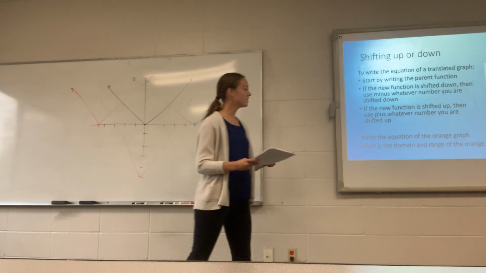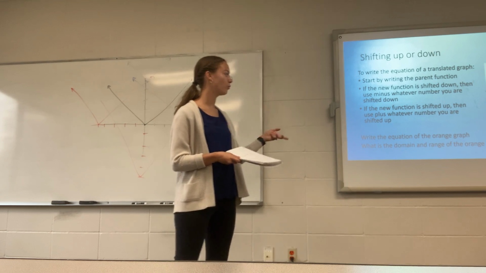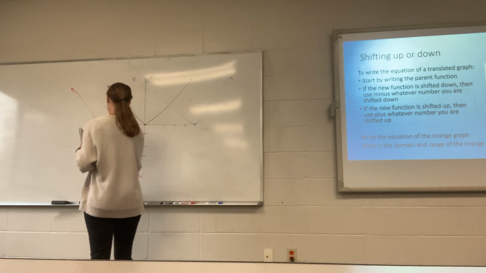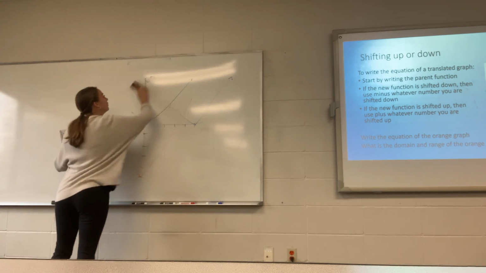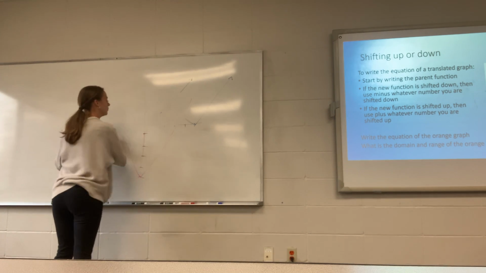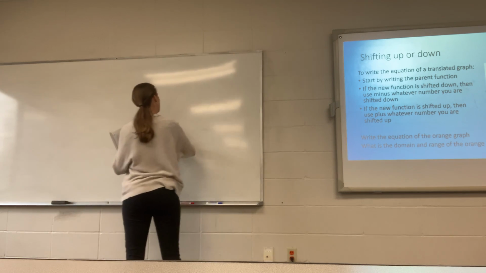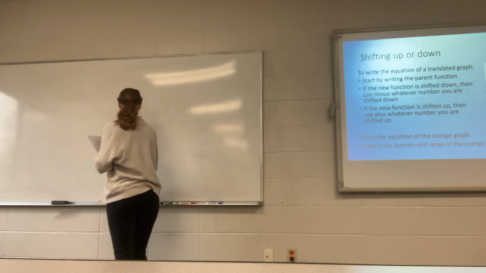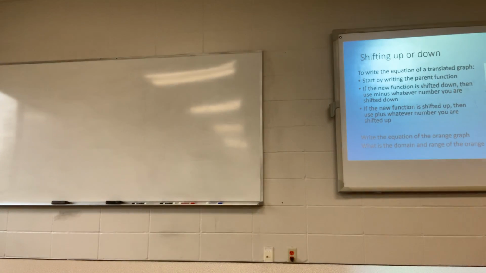Then our problem says, write the equation of the orange graph, and then we're gonna figure out what the domain and range of it is. First of all, before we talk about the orange one, the blue graph right there, do you know what the parent function, an equation for that blue graph, is?